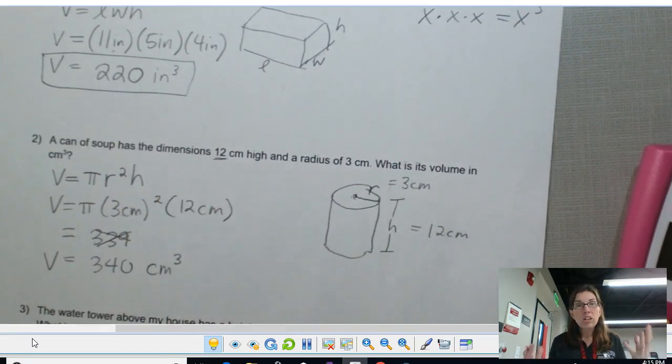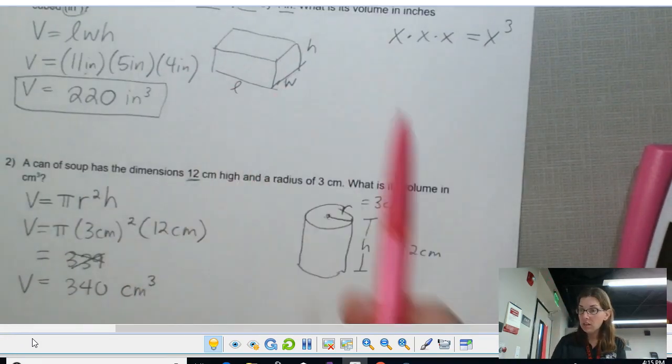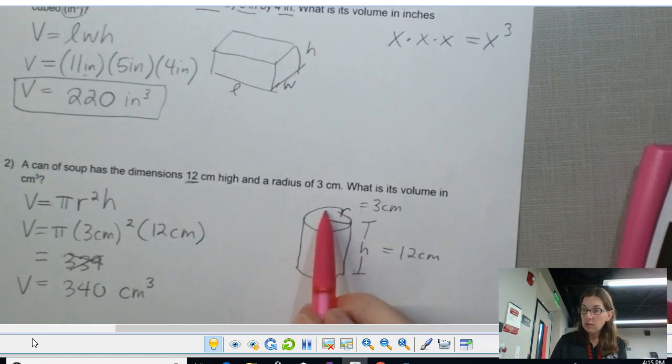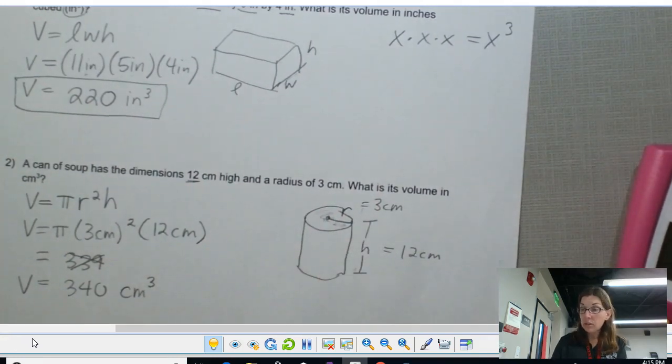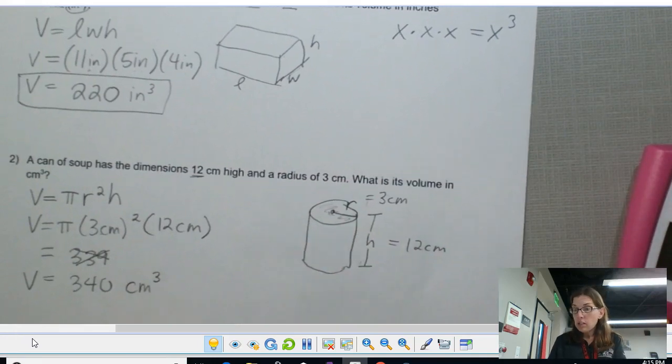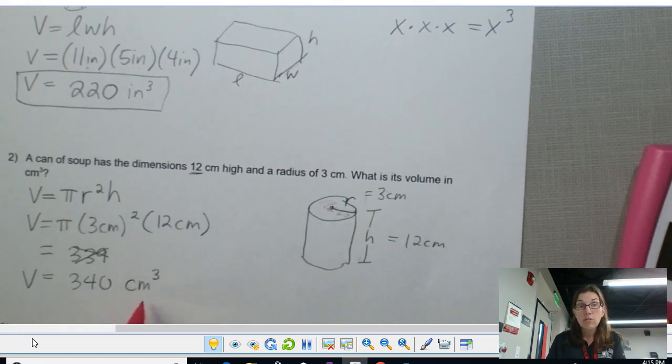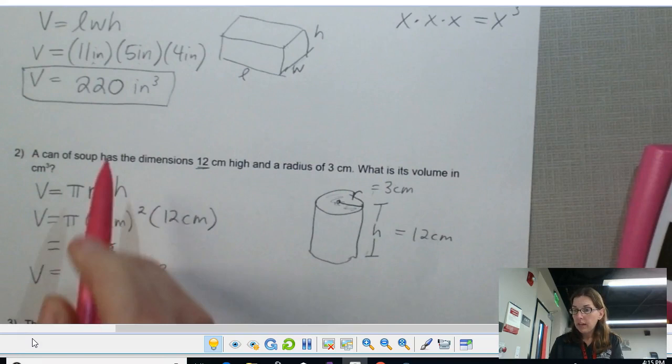So any unit of length can be cubed to make a unit of volume, because it is a three-dimensional object. 3 dimensions means there's 3 length dimensions, length, width, and height. And here we have to just count the area of the circle because it's a cylinder, but there's still 3 dimensions. And so my units are still, in terms of length, cubed.